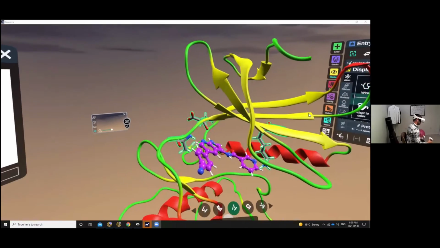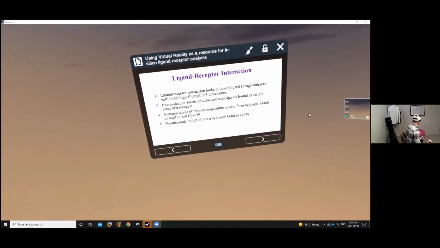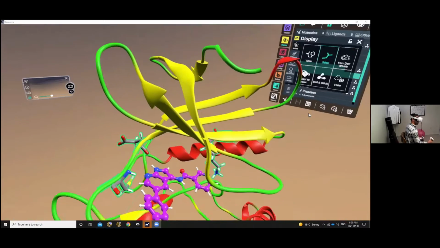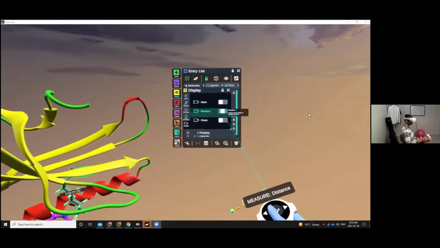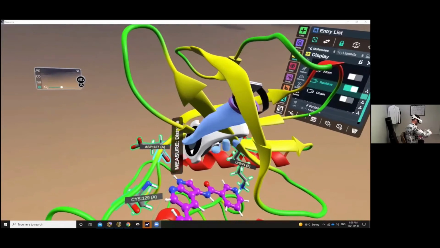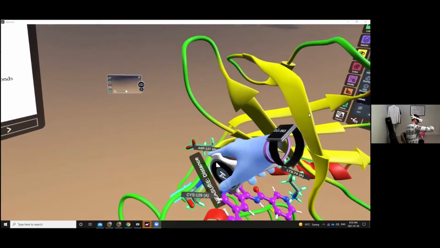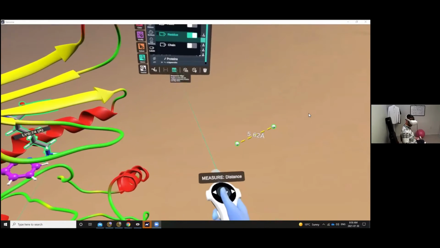So one of the hydrogen bonds was 127 and 129. Let's actually do one more thing. Let's label those. If I do that, now you guys can see all of my residues are labeled. 129, 127, 74, makes it much easier to interact with.